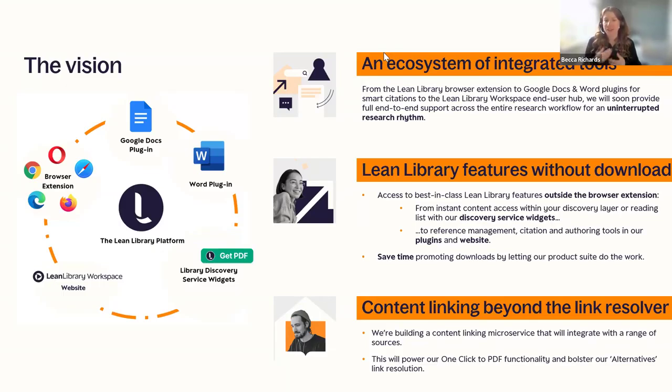So what our one-click to PDF functionality will bring you at first launch, towards the end of the first quarter of this year, so in the next month or so, is access to Lean Library features outside of your browser extension. This means anything from instant content access, whether that's initially within your library discovery layer or beyond, maybe in your reading list management system, we'll be able to bring that access management solution that Lean Library is known and loved for.